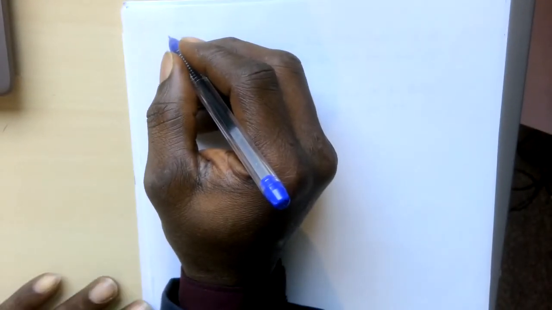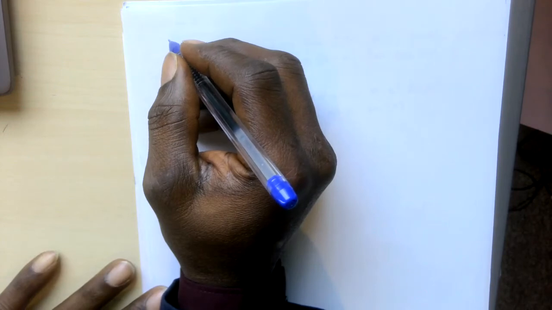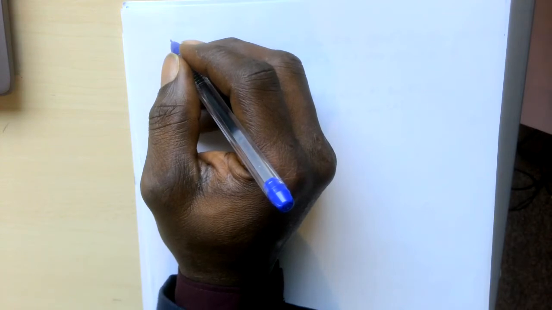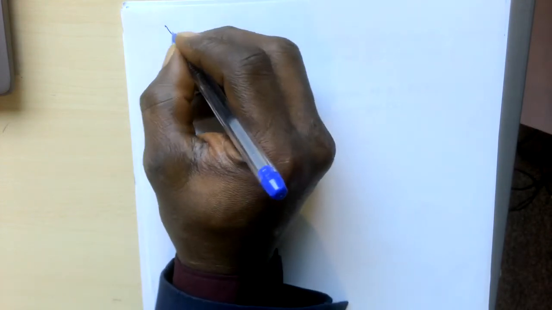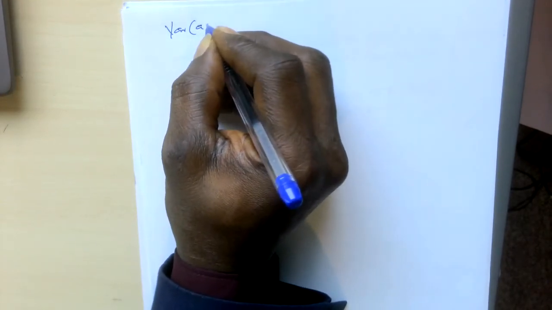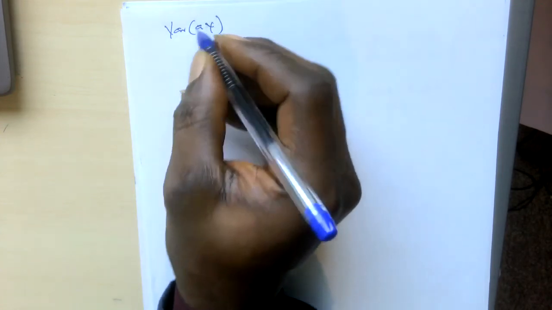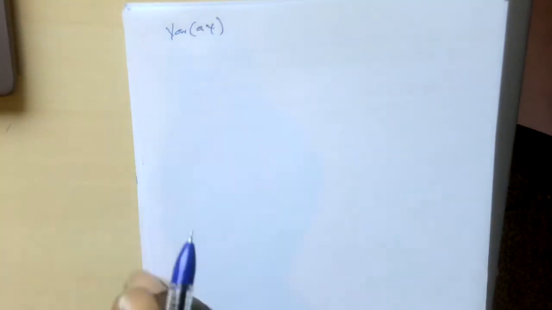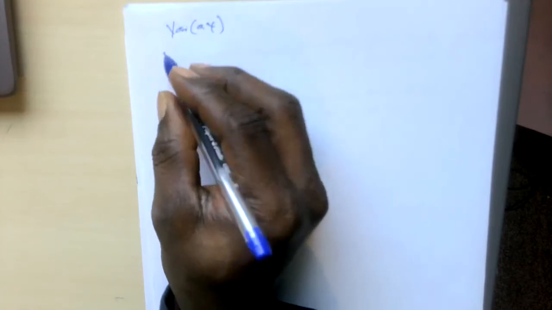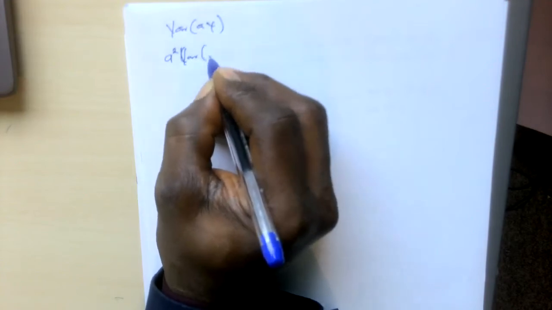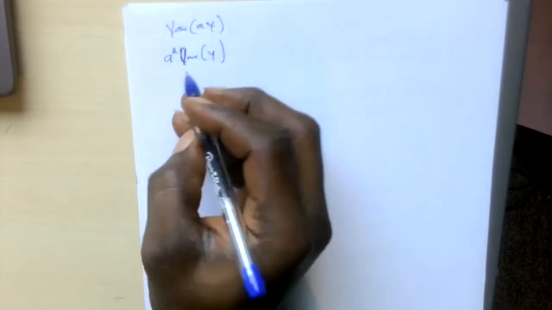When you have the variance of a times y, if a is a constant, you bring the a out of the variance and it turns to a squared.